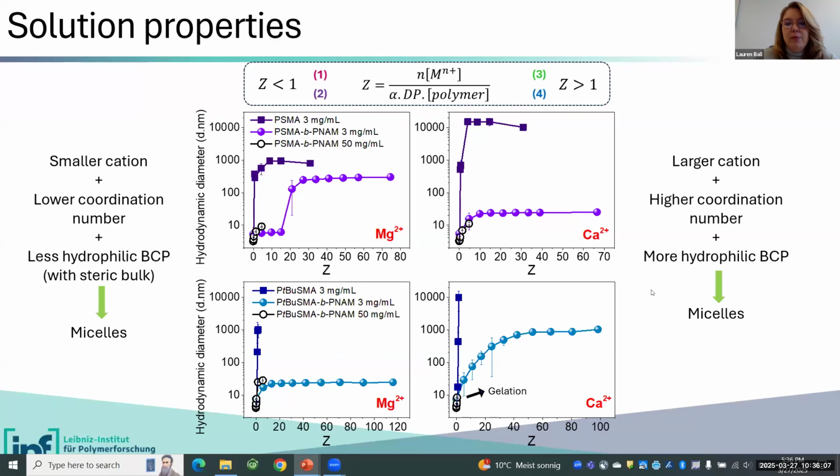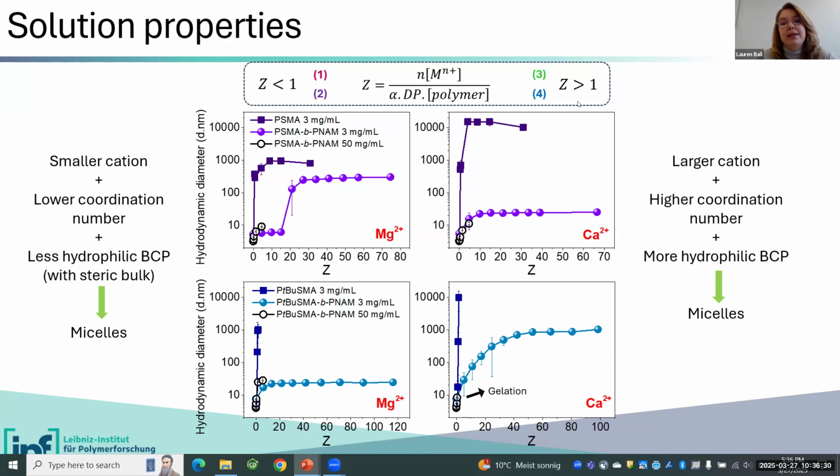What's actually more helpful is to represent the charge ratios. Instead of looking at the concentration of magnesium or calcium, we represented this data as a ratio of charges between our magnesium or calcium and our polymer. Essentially, below a Z ratio of 1, you don't have an equivalent number of charges and you should have your polymer in solution.